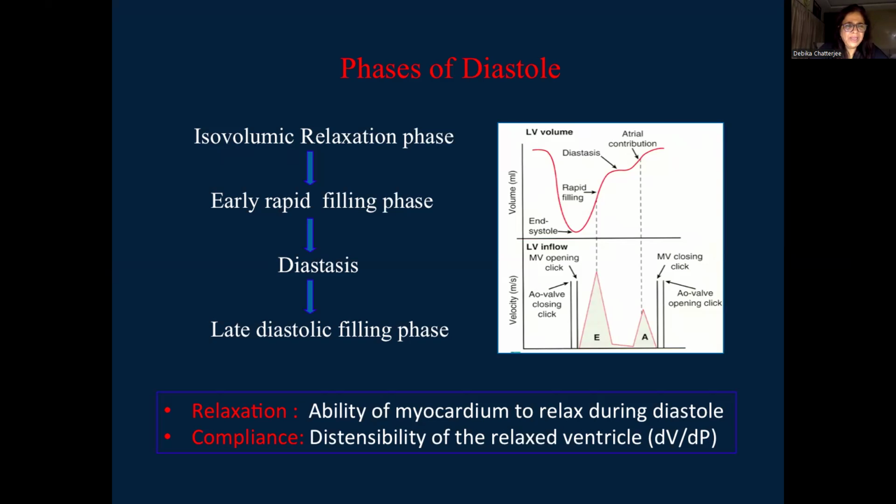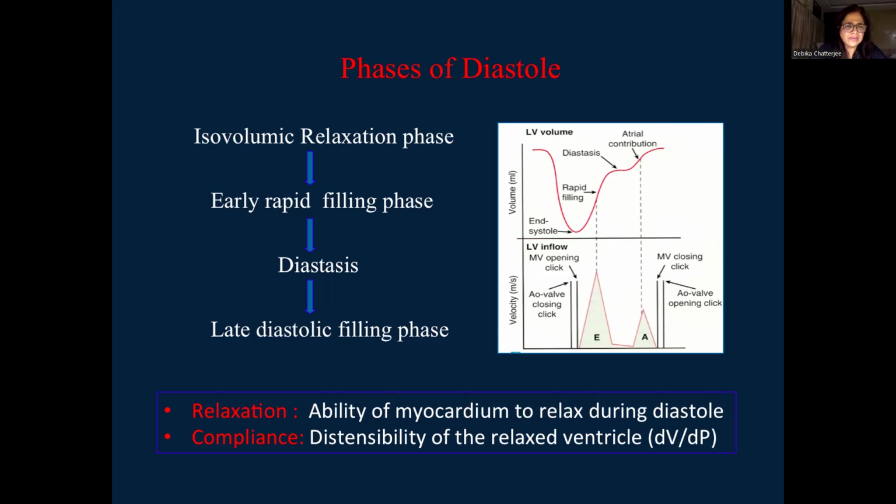When LV was in systole, LA was receiving the blood from the pulmonary veins. So LA pressure is high. Now LV pressure has gone down. It goes down till the time when its pressure is lower than the LA pressure, because blood flows from the higher pressure chamber to the lower pressure chamber.